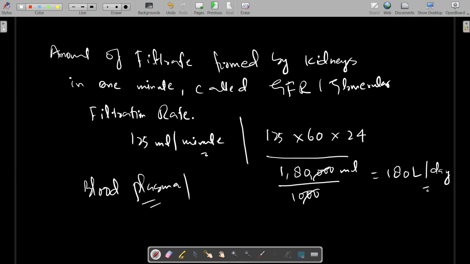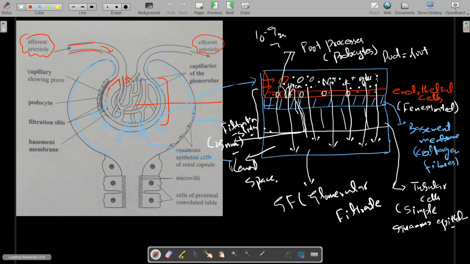Of all these three layers, the basement membrane is the main filtration barrier. Do remember this. You can check it out here as well, this basement membrane is the main filtration barrier.